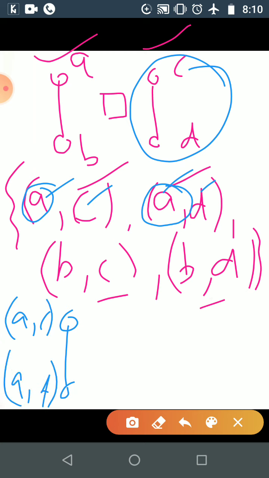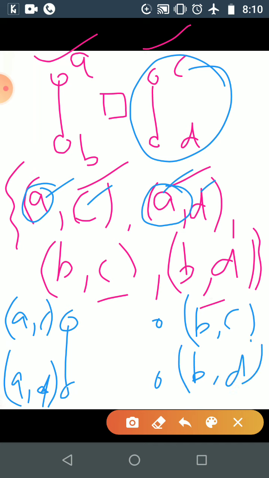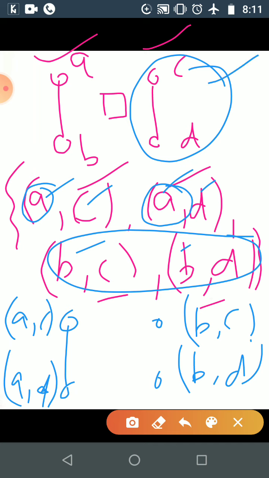So these are forming an edge, and 2 vertices here, some B comma C, and here this vertex is B comma D. Okay, so what about this one? These 2 vertices, B is same and CD is forming an edge. So these are adjacent.